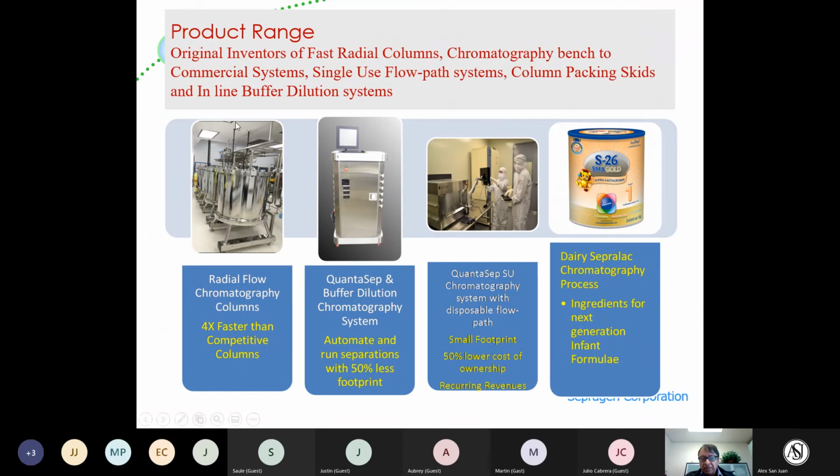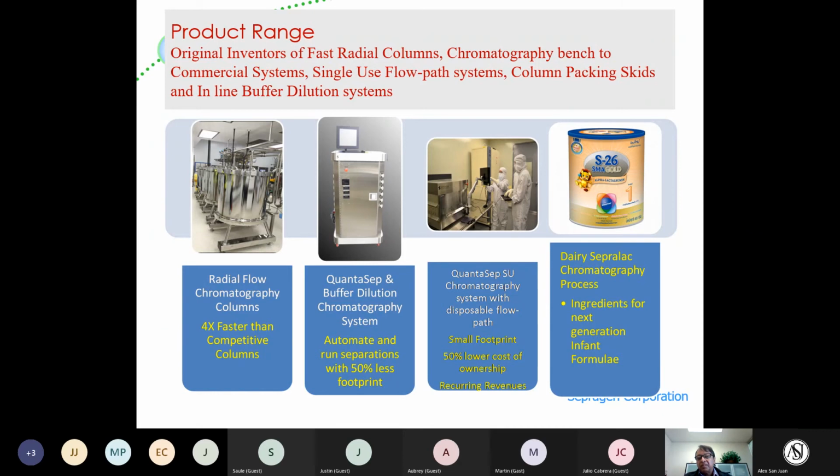And then these columns have also been used in the dairy industry, actually in the high value nutritional industry, to produce lactoferrin from milk or whey. Lactoferrin is being used for the next generation of infant formula, and lactoferrin gives the baby better mental acuity and also provides for other health benefits.